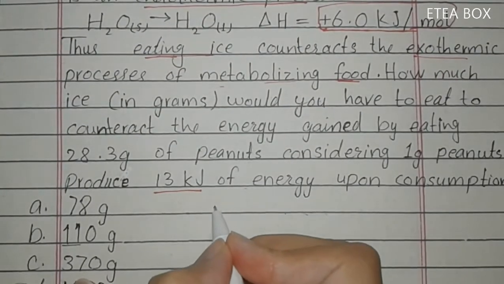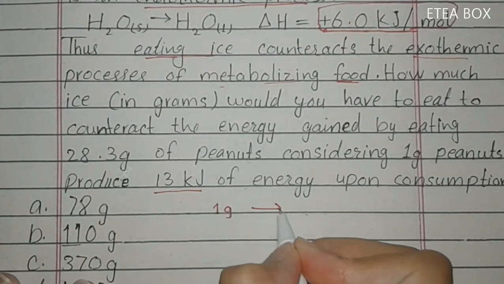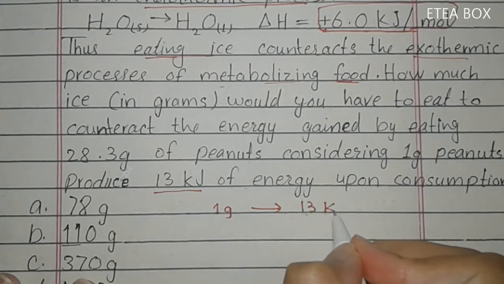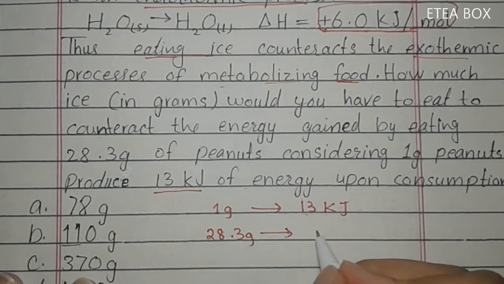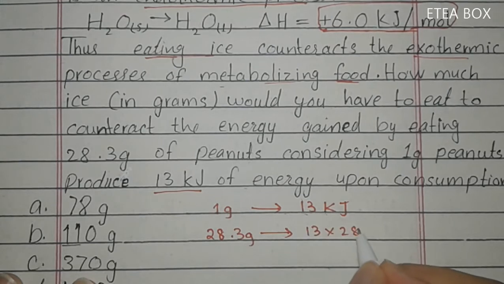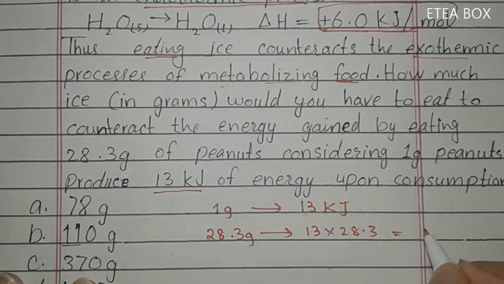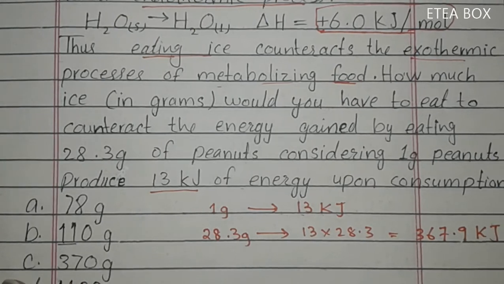Now look at here. We know that 1 gram of peanut will produce 13 kilojoule energy. So 28.3 gram will produce 13 multiplied by 28.3, which is equal to 367.9 kilojoule energy.